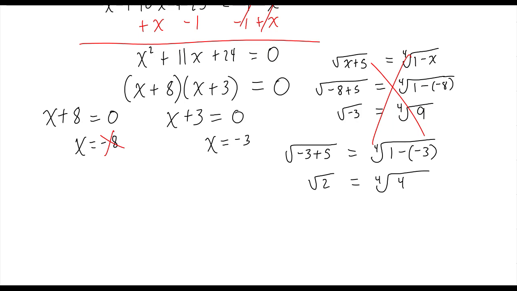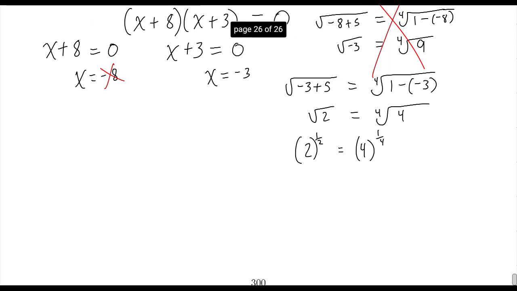Let's experiment a little bit, and that's where I'm going to throw in the idea of fraction exponents. 2 to the 1/2 power is the same thing as the square root of 2. And 4 to the 1/4 power is the same thing as the fourth root of 4.